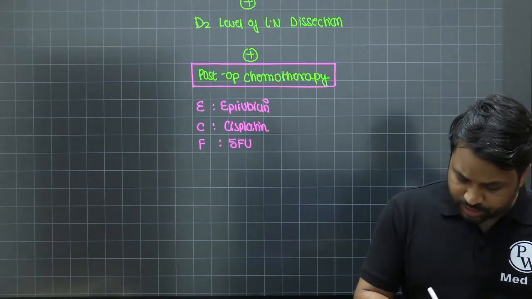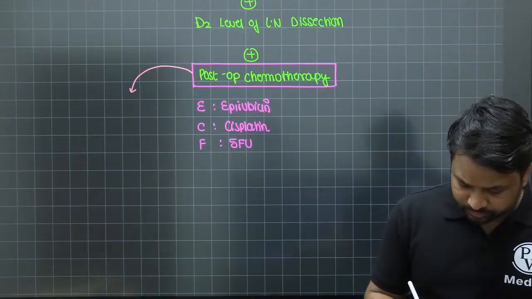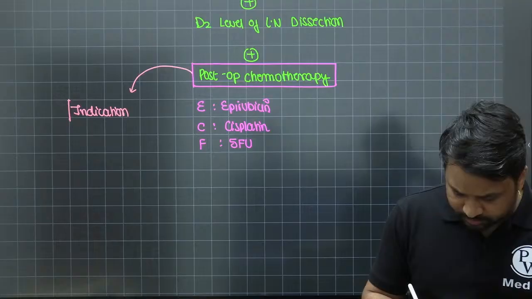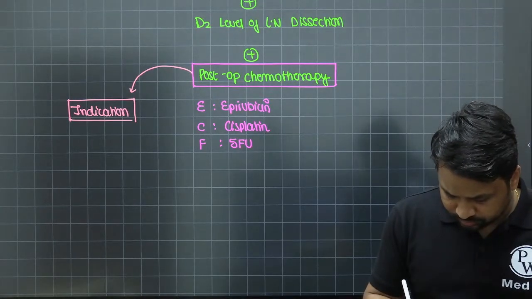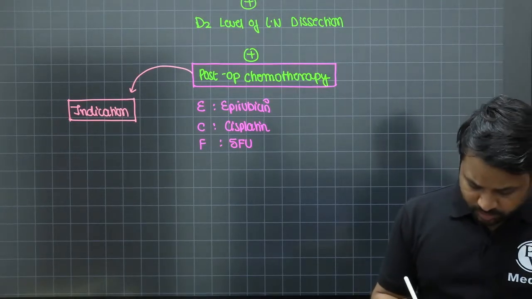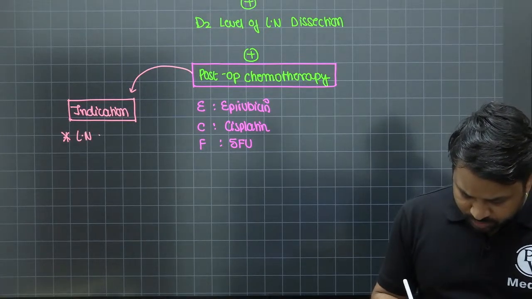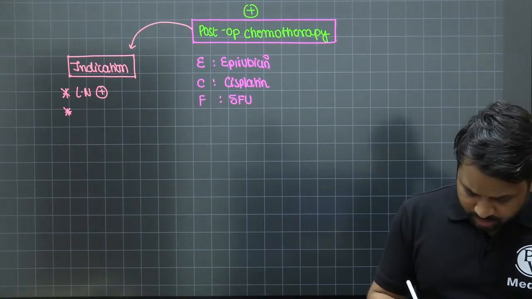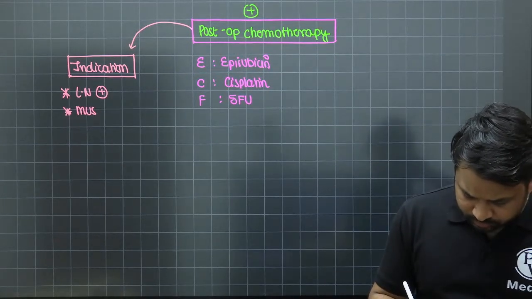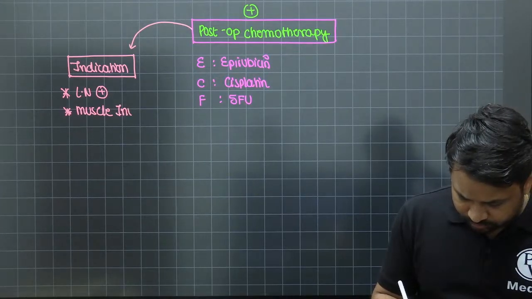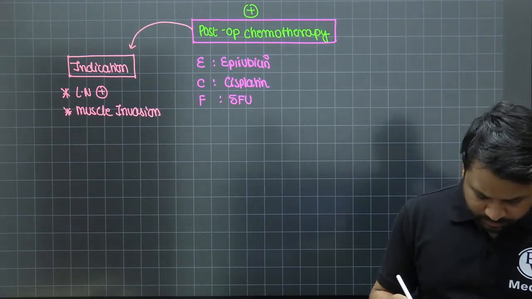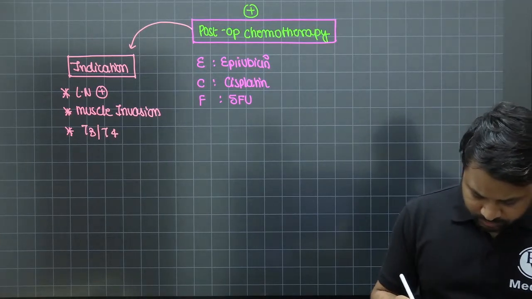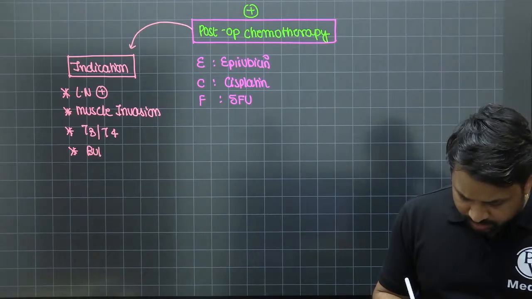If I say what is the current indication for post-operative chemotherapy: if the lymph nodes are positive, if there is muscular invasion present, if it is a T3 or a T4 disease, and if it is having bulky lymph nodes.